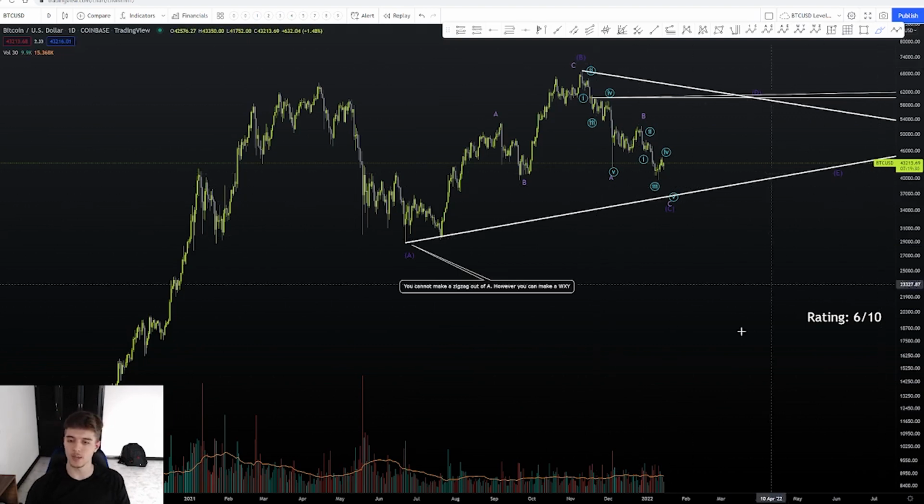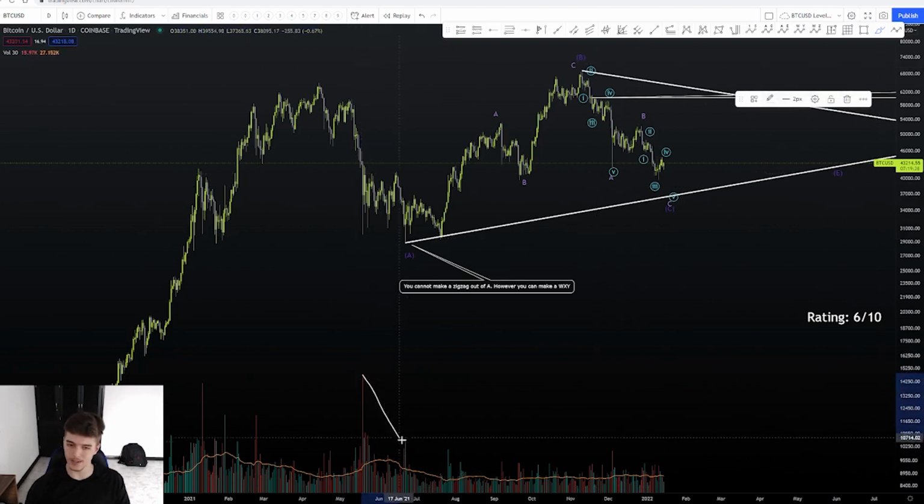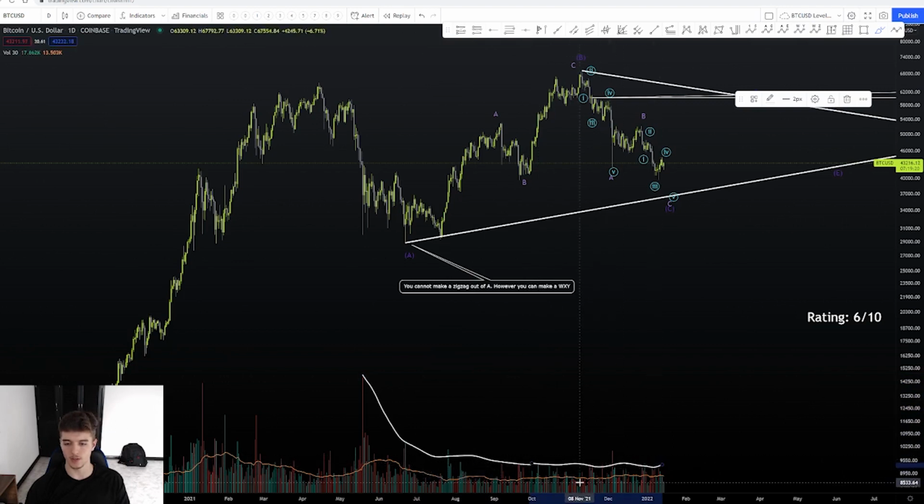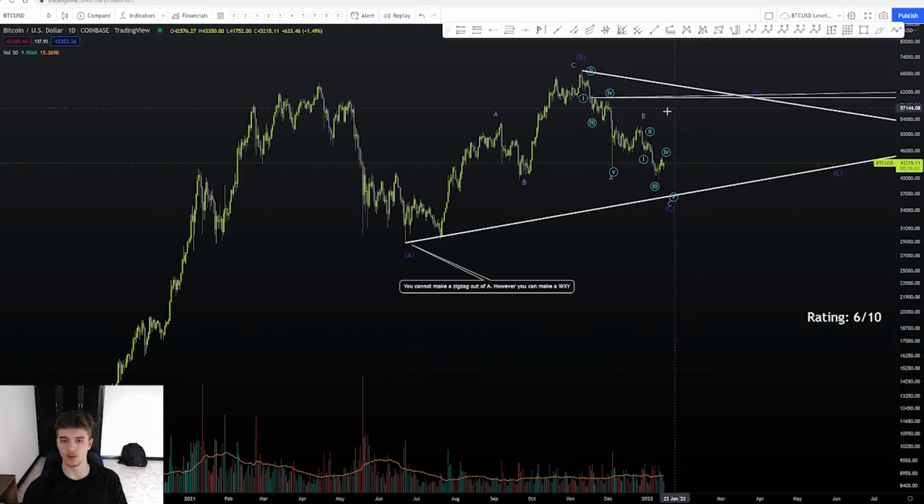But it is something to keep in mind that for the most part, it is decreasing throughout this wave A and this wave B, but then we get a little bit of an uptick for this wave C, where you can see the moving average down here is going up just slightly. So like I said, it's not that significant, so I'm still going to consider this volume profile to be favorable to this count. But that's one thing you always want to look at when you're dealing with a triangle correction.